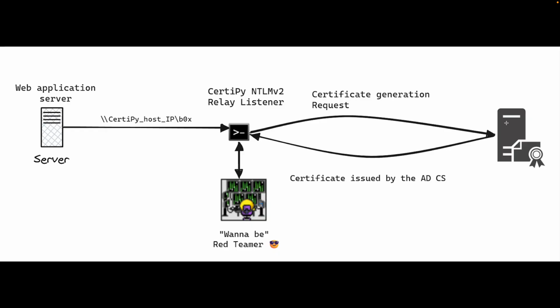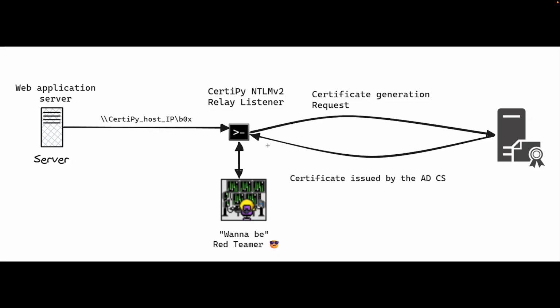By default, there is no NTLM relay protection on the ADCS web enrollment endpoint, so there is a good chance we can relay to it, and we can specify the machine account template to request a certificate for this web server machine account.